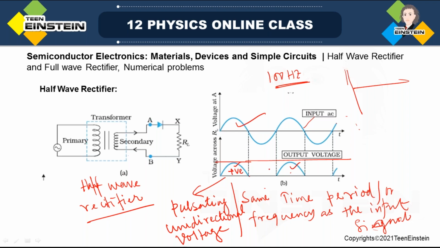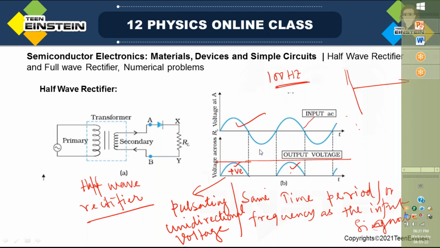So this is what we have learned from the half wave rectifier. Okay, Deepa, do you have any question here? If you have any, you can ask me now, or else you can ask at the end also.